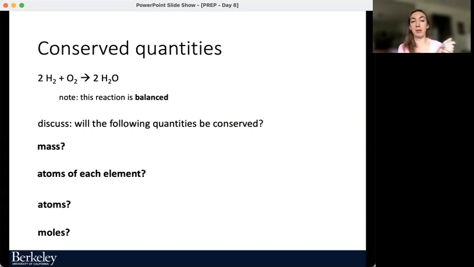If I start with 4 atoms of hydrogen, will there always be 4 atoms of hydrogen? If I start with 6 total atoms, will there always be 6 total atoms? And if I start with 10 total moles of stuff, will there always be 10 total moles of stuff as my reaction proceeds? Does anyone have any questions about what conserved quantities mean and what I want you to be discussing?